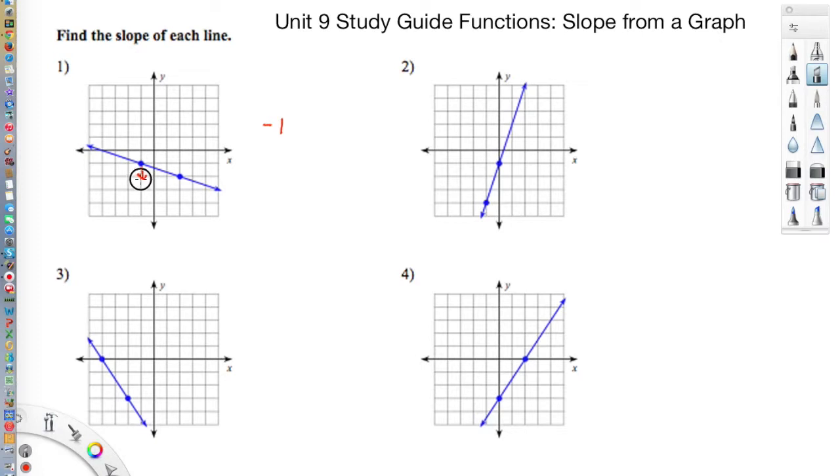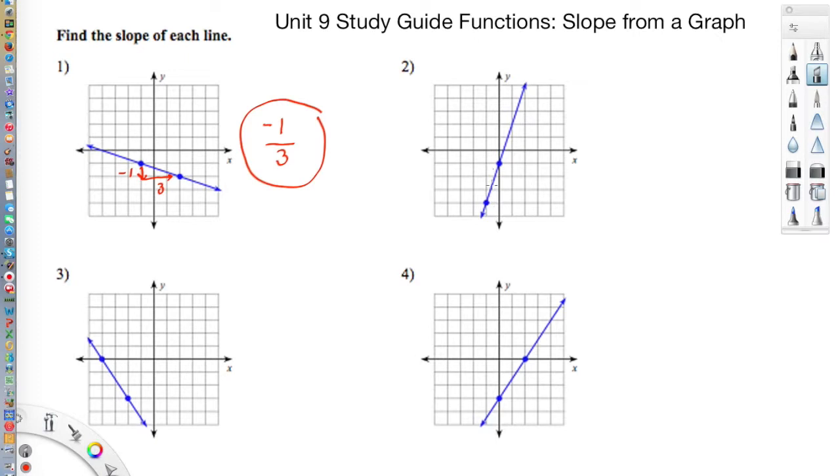And then to go from there to there, that would be 3 to the right. So that would be a positive 3. So my rise is a negative 1 since I'm dropping, and then my run is a 3 since I'm going 3 to the right. That's my slope. Now you could find the 2 coordinates for each of these points, then use your 2-point slope formula, but this is a lot quicker.